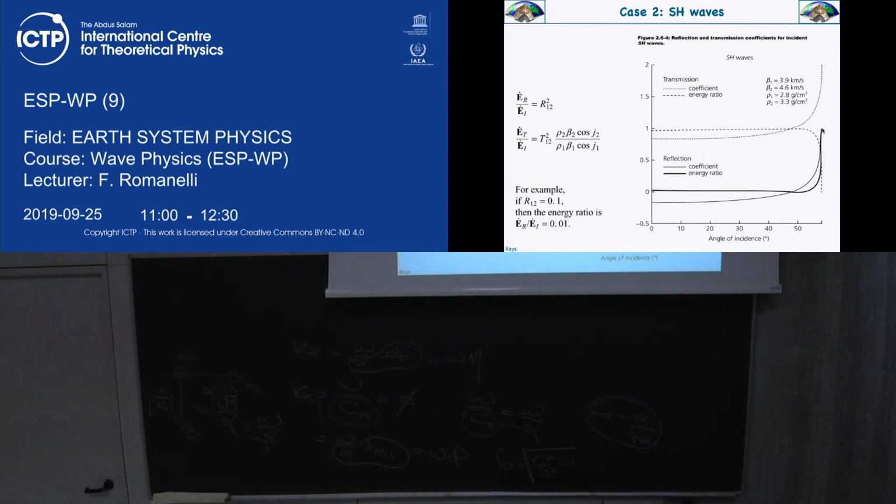What's happening at 60 degrees? That's the incidence angle. So you take 90, you increase to 60. Wait a second, Snell's law. Now the second angle actually is becoming 90. From that point on, all the energy is traveling at the interface. So actually there is pretty much no transmission.